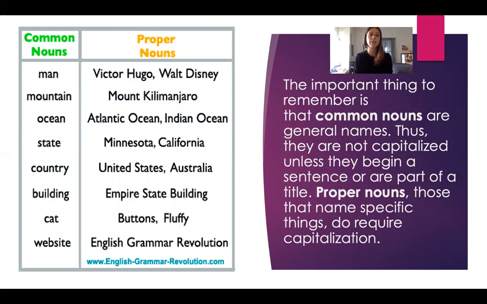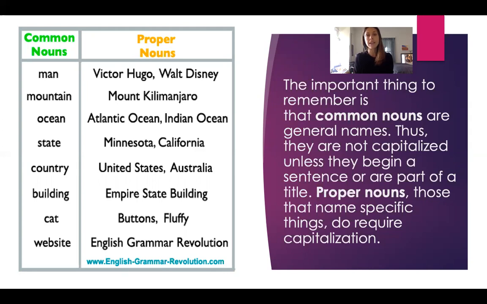So our example here is Victor Hugo. Another example is Walt Disney. Okay, so think of any man's name. You would not capitalize the M for man, but you would capitalize the first letter for their first name and their last name.